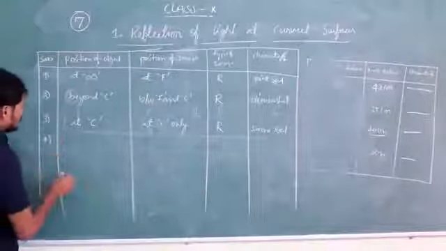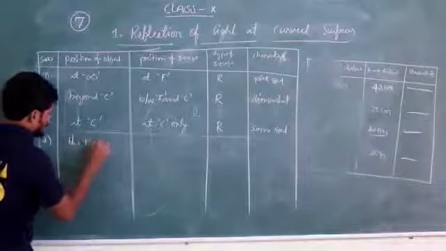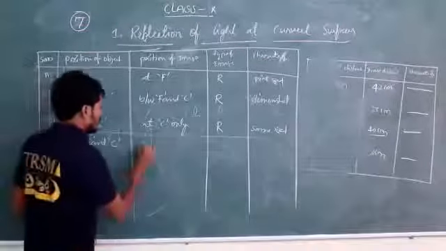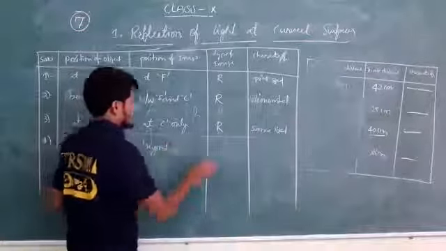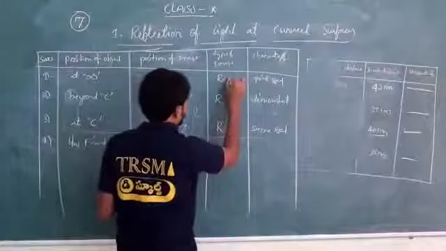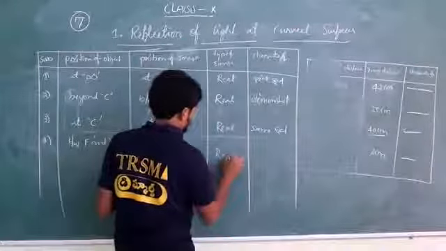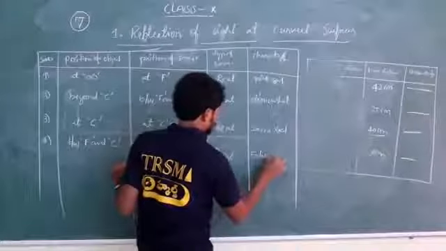The fourth one is between F and C. The image comes beyond C. Real, enlarged.